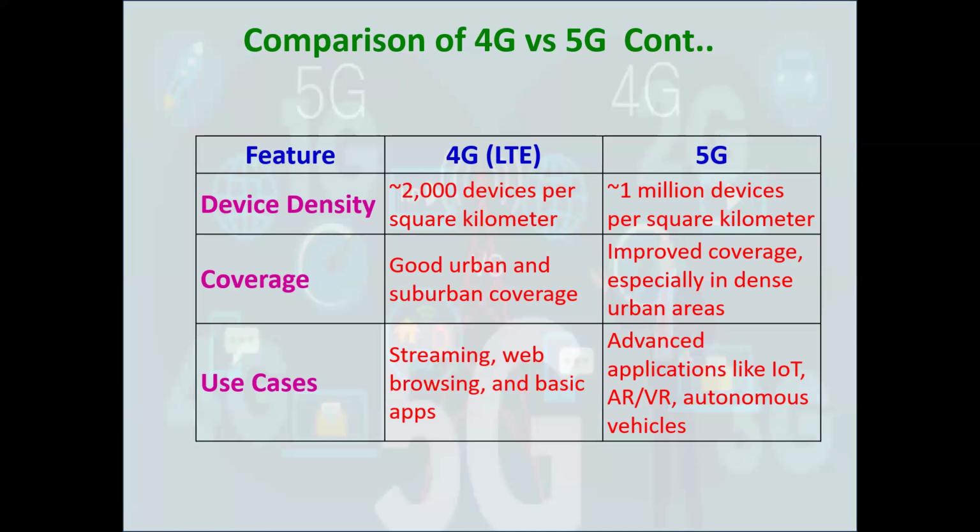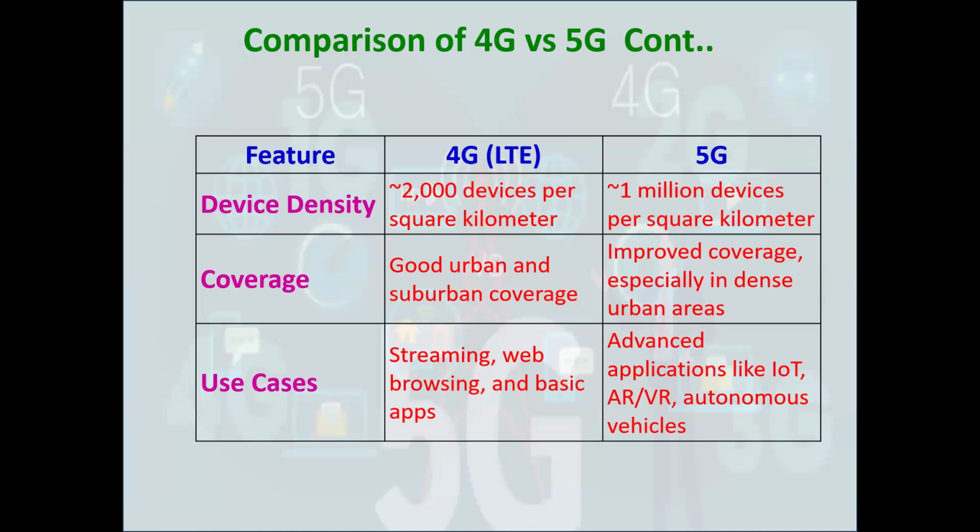As far as coverage is concerned, coverage in 4G networks is relatively broad due to the low frequencies used, which provides good penetration and range. However, fewer cells are needed, which can lead to coverage gaps in densely populated or remote areas.